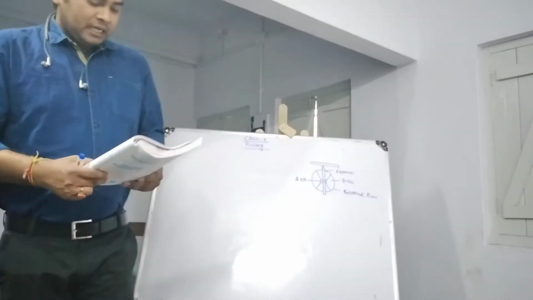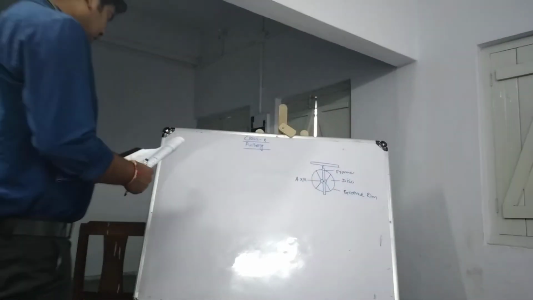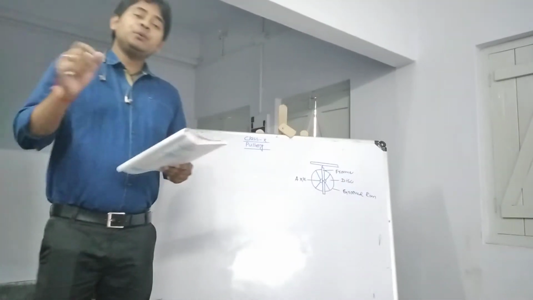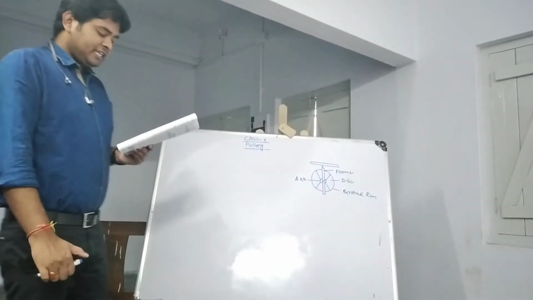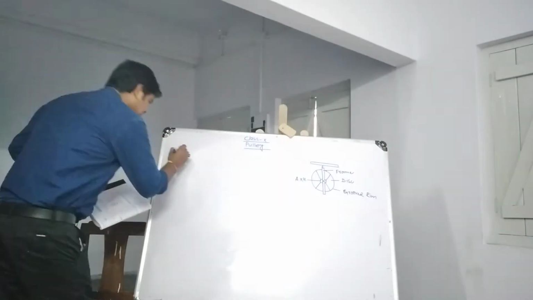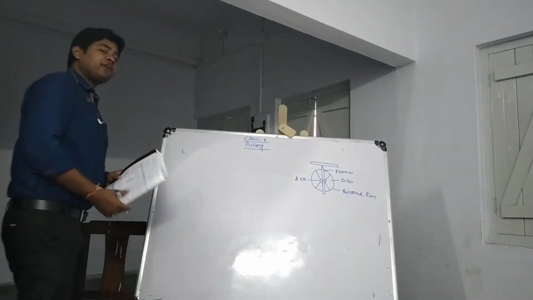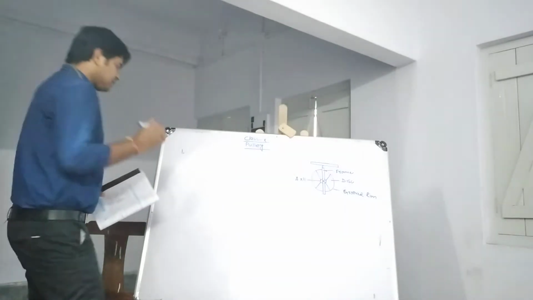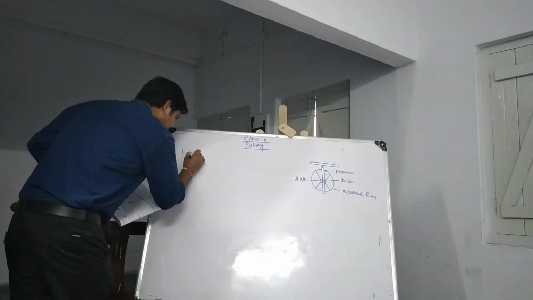Now this is a single pulley. This single pulley can be used in two ways. First, as a fixed pulley by keeping its axis of rotation fixed. That is, the first one is single fixed pulley, where its axis of rotation is fixed.